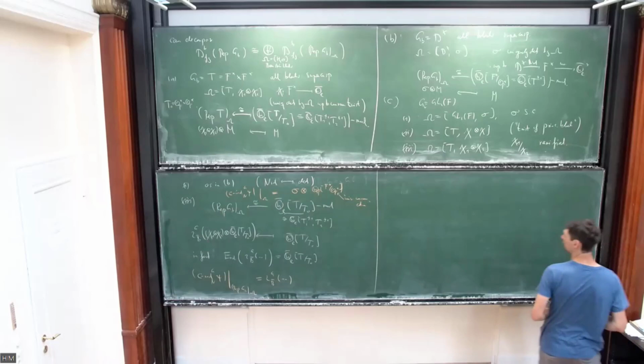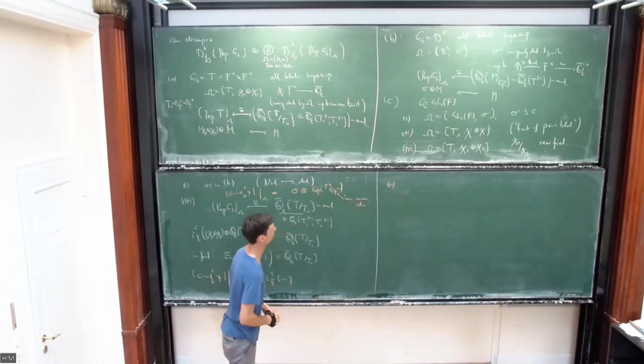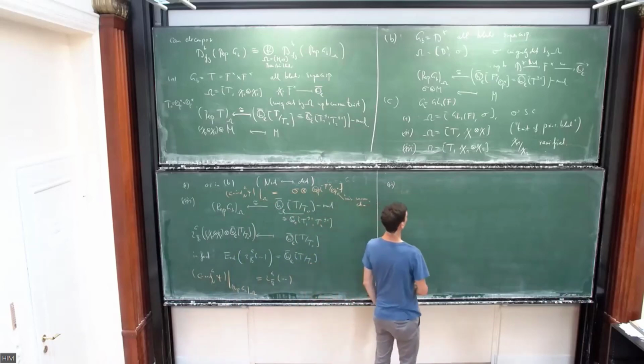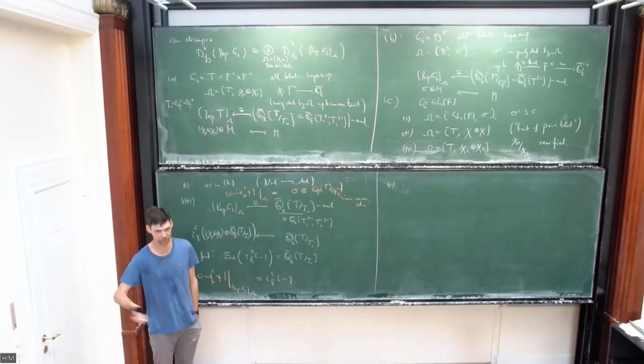So let's now move to the interesting block, which is part 2. Let me only do the case where chi is equal to 1, because the other ones just differ by a twist.